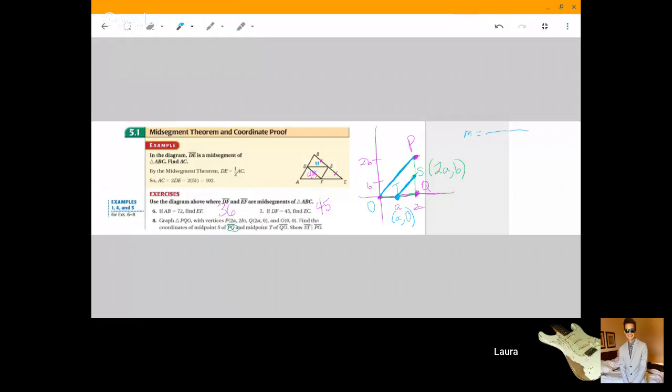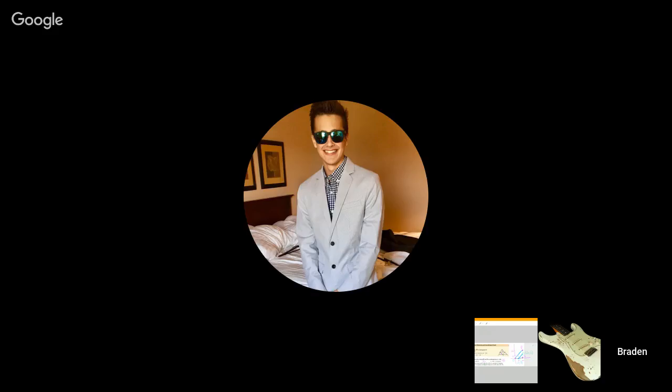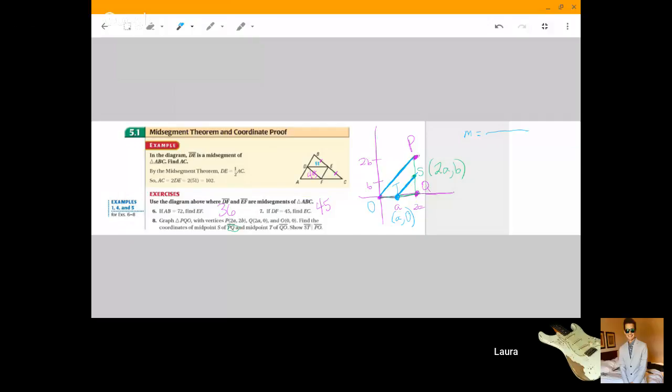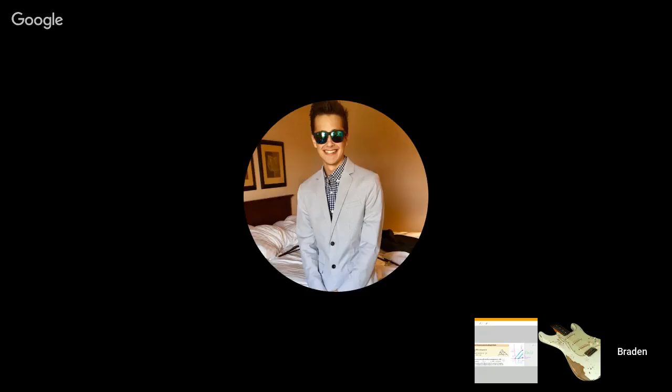How do you find slope? What's the equation? Y1 minus Y2, X1 minus X2. You got it. So for this green and blue, how would you plug them in? It'd be 2B minus 0 and then over 2A minus 0.